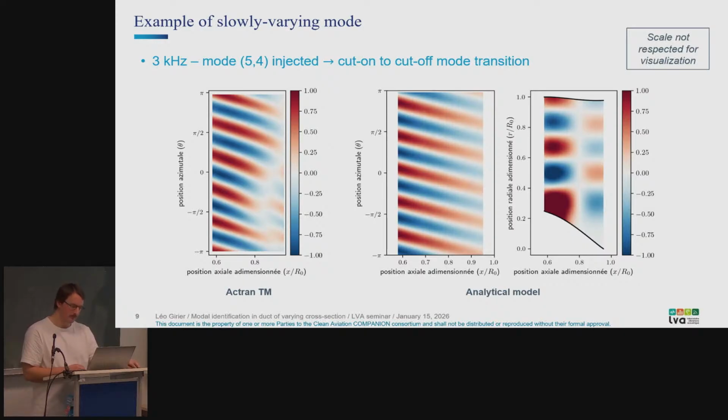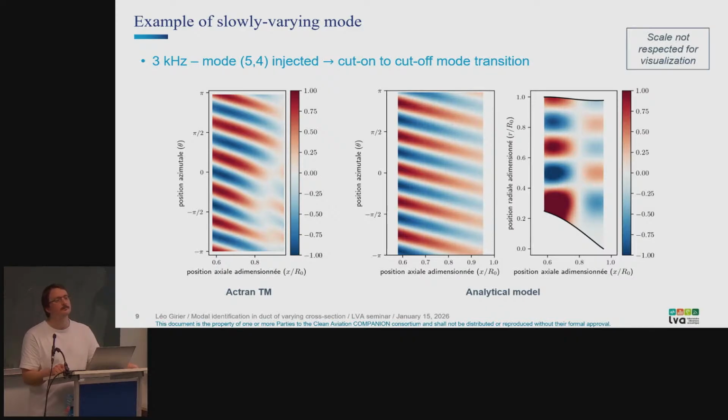But then, in the classical modal approach, which brings all the advantages like modal orthogonality, etc., it also assumes that the energy in each mode is independent of other modes.